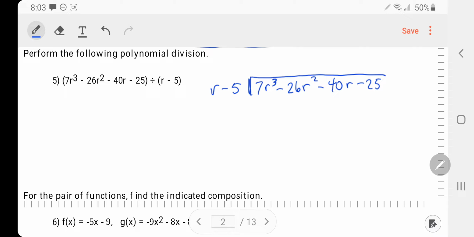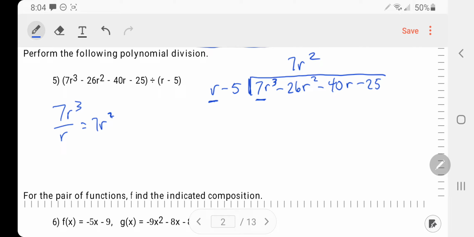All right, so the first step, we're going to take 7r to the third and divide it by r. That's the leading term of the dividend and the leading term of the divisor. If you divide those, that's going to give you the first term of your quotient, which is going to be 7r squared, okay? So just so you understand, the leading term of the divisor and the leading term of the dividend, you have to divide those to get your 7r squared, to get your first term of your quotient.